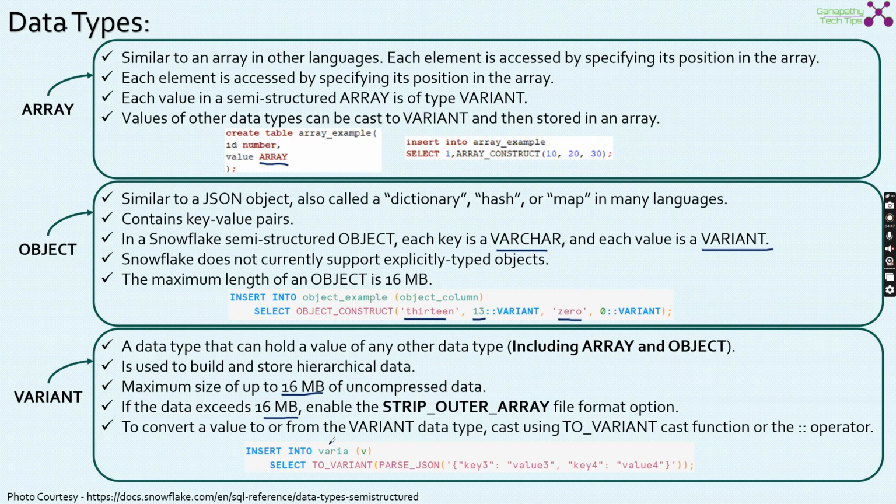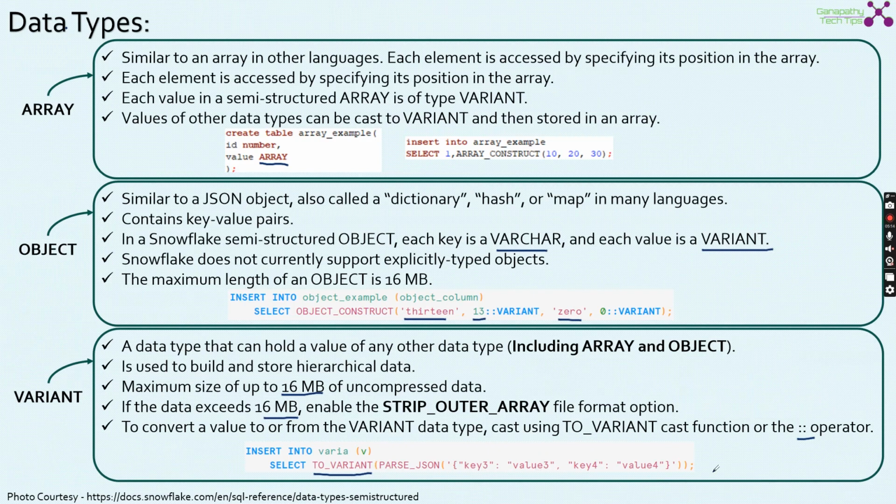To convert the value to or from the variant data type, you can use the casting methodologies. This is what we discussed in this example as well. You can use the to variant casting function as well. That is also very evident. Here you are seeing insert into the varia v, which is the table. Here we are utilizing the to variant to convert that value into the variant field. Parse JSON, meaning this is the JSON value.